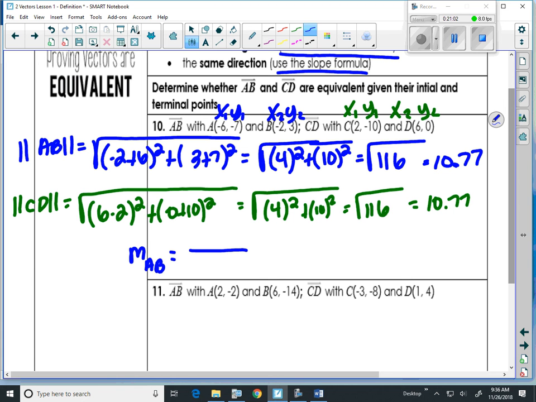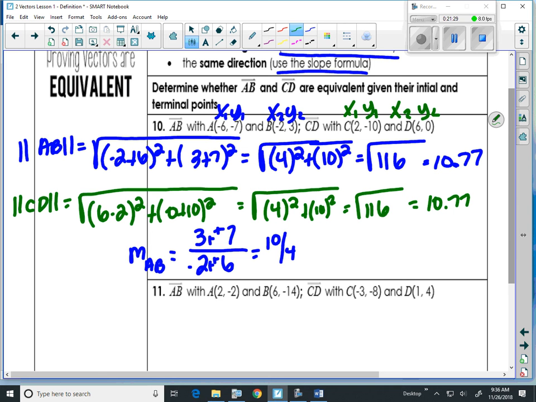Y is always on top. So we do 3 minus the negative 7. That'll become plus. Double negatives make a positive. And then our x's, negative 2 minus a negative 6. Again, that'll be plus. So here we get 10 over 4.